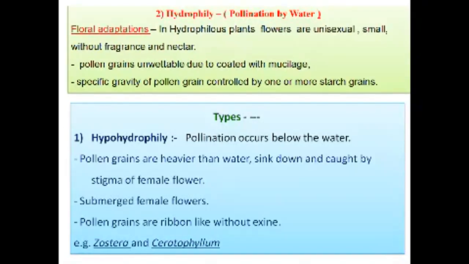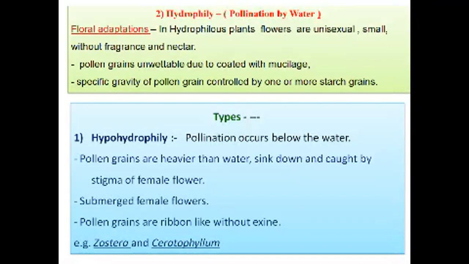So the water acts as a pollinating agent. In a hydrophilous plant, flowers are unisexual, small, without fragrance and nectar. Pollen grains are unwettable, or less wettable, due to being coated with mucilage. The specific gravity of the pollen grain is controlled by one or more starch grains present in it.